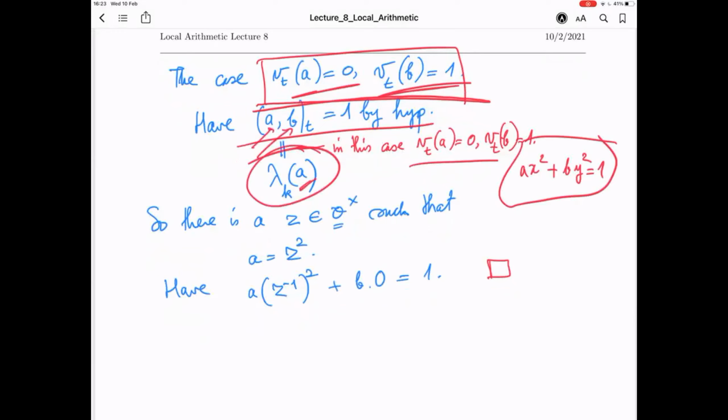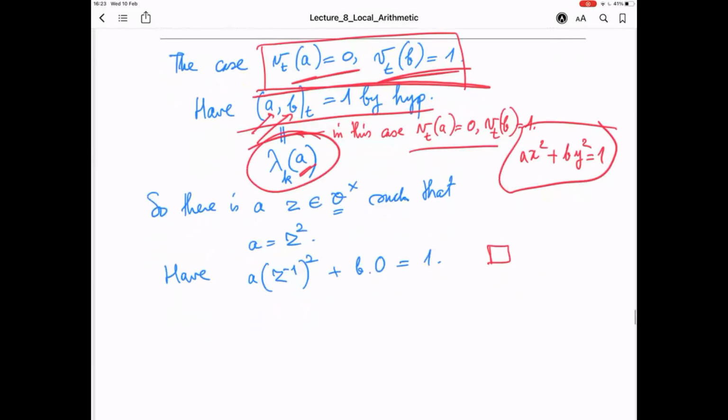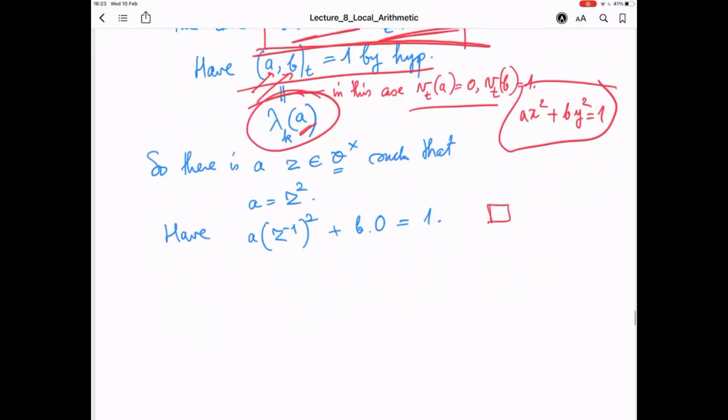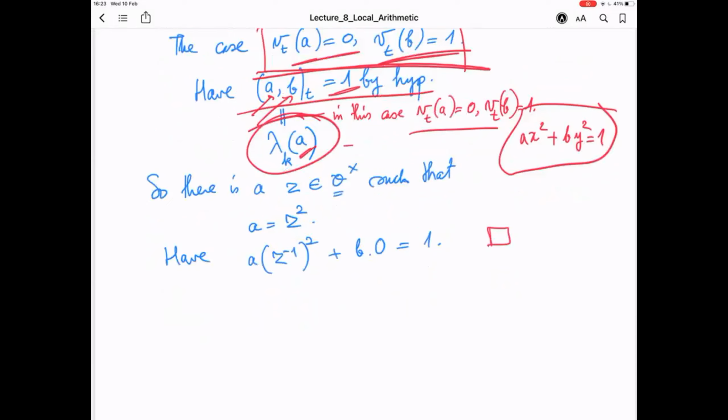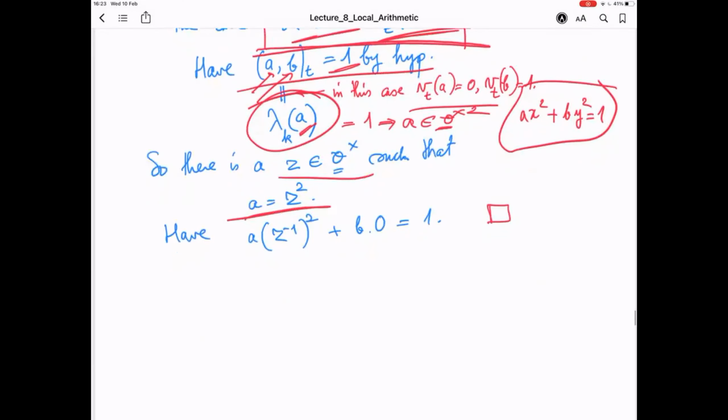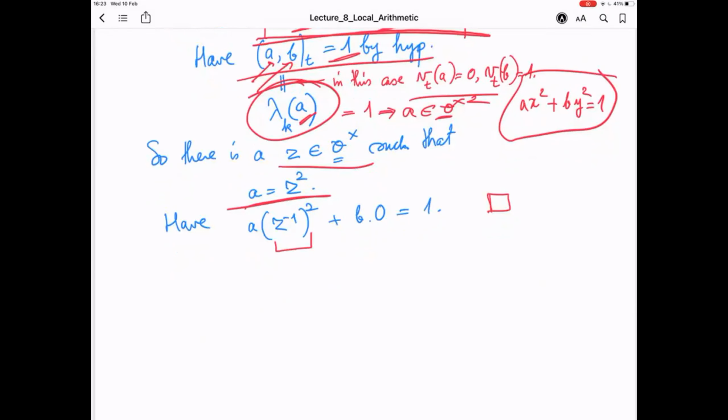That's what we have seen earlier. And by hypothesis, the Hilbert symbol is equal to 1, which means that lambda k of a is equal to 1, which means that a is a square. So there's a z such that a is equal to z squared. And then I just take x to be z inverse and y to be 0. And I get a solution xy to the equation ax squared plus by squared equals 1.